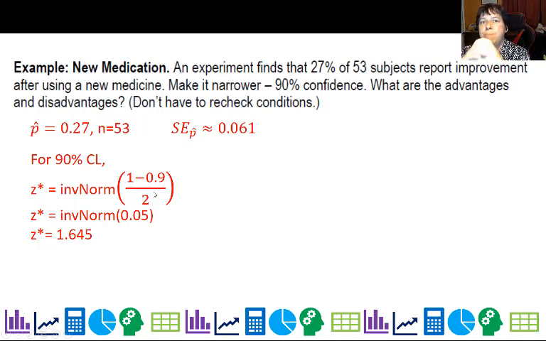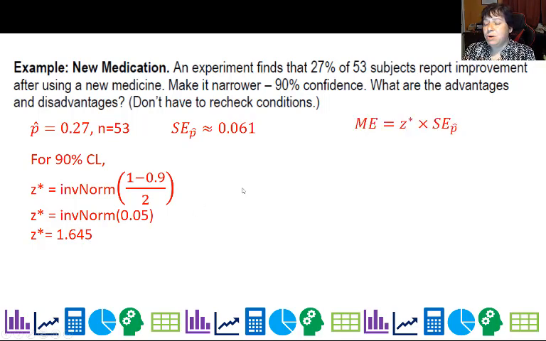Again, remember, the middle is 90%. So how much does that leave for the outsides? 10%. And when we do our critical value, it's only the left one. So what's left for the left one? It's going to be 5%. So we do inverse norm of 0.05, which is 1.645.